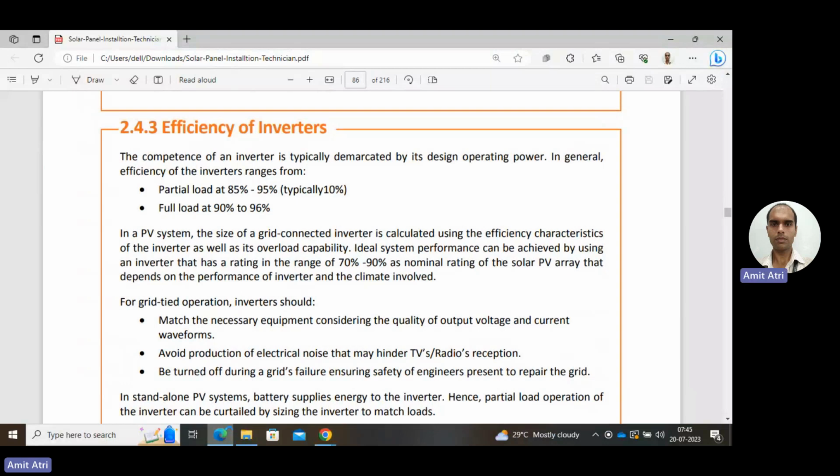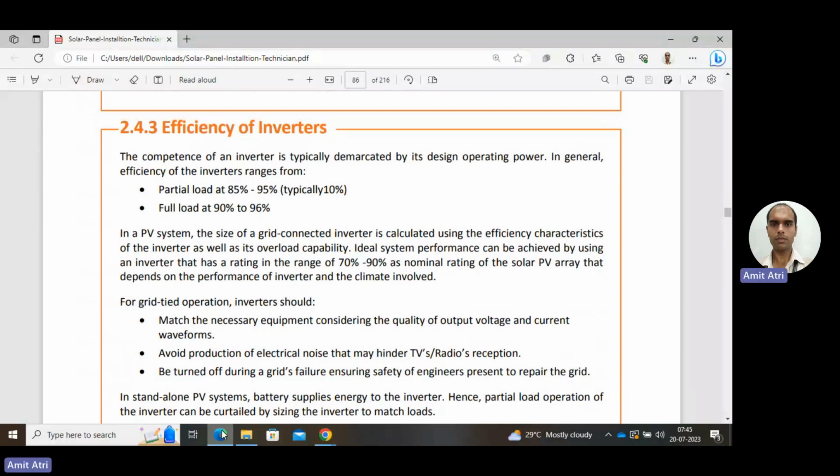If the load is less, the efficiency will come down because it has been designed to operate at that specific load. Although it will work on less load as well, the efficiency will come down. Similarly, in the case of an inverter, at partial load we get 85 to 95% efficiency from the inverter, and at full load, 90 to 96%.